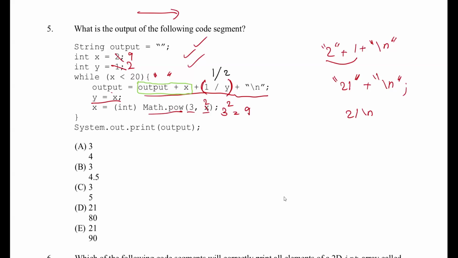All right, y is 2, and x is 9 here. So integer divided by integer, what do you think will give you? Yes, 0. Because it would be 0.5, but we are dealing with integers, so it just gets that 0. And then the same thing as before, we are concatenating with the output. So the output is here already, we are adding 9 here, adding 0 here, and adding the new line here.